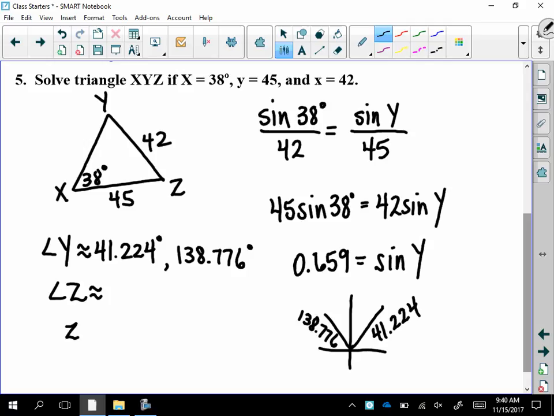If angle Y is 41.224, add that to 38 and then subtract it from 180. And what would the third angle be? 100.776.